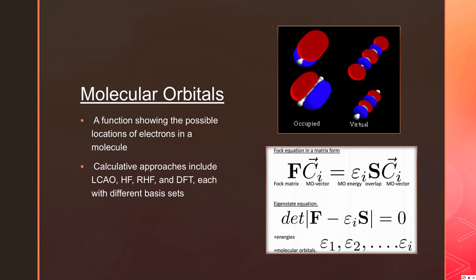You can tell the virtual ones because you have these phases that are completely different, that aren't overlapping, and they're creating these distinct packets where the phases are not connecting. Whereas in the occupied states, you can see a big red blob and a big blue blob, and they are connected. Those are your bonding states. So they create constructive interference, and the virtual is destructive.